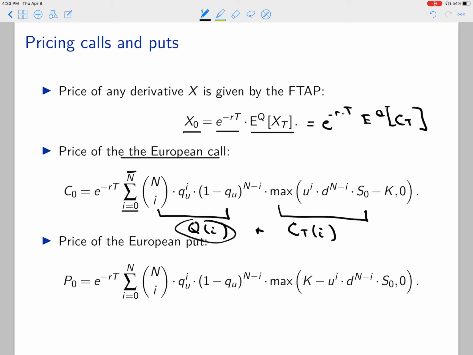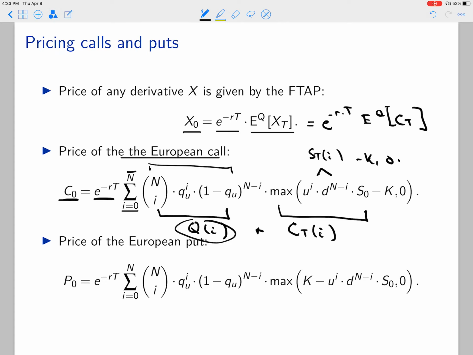The risk-neutral probability is given by the formula n choose I, Qu to the I, 1 minus Qu to the n minus I. The call payoff is given by the max of St of I minus K and 0. And so if you want to get the call price as of date 0, you discount back the risk-neutral expected payoff, which is just the sum across all the I's of the probabilities times the call payoff on all the I's.